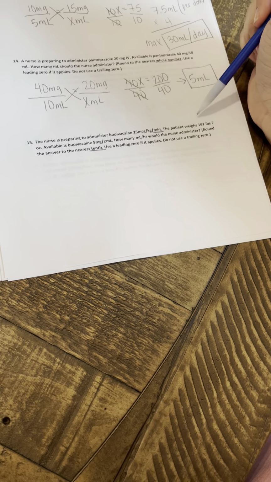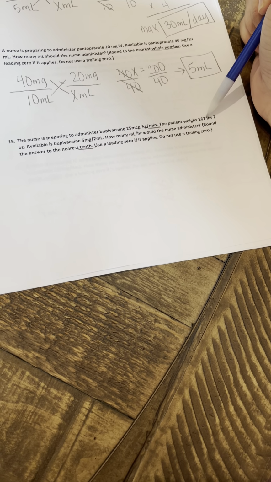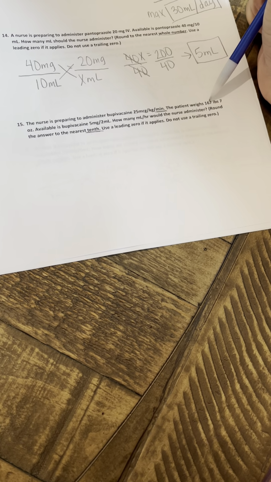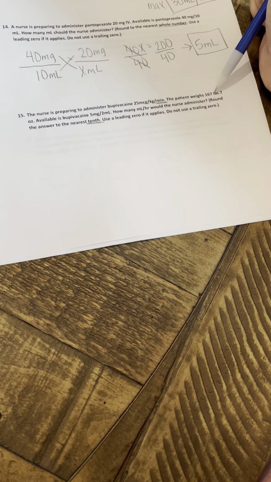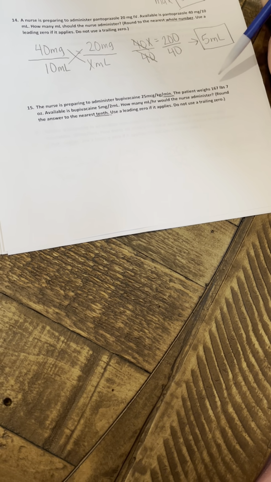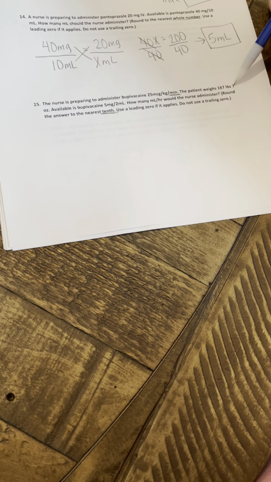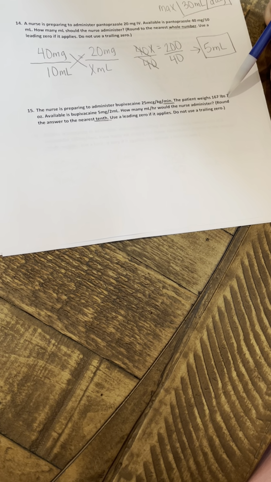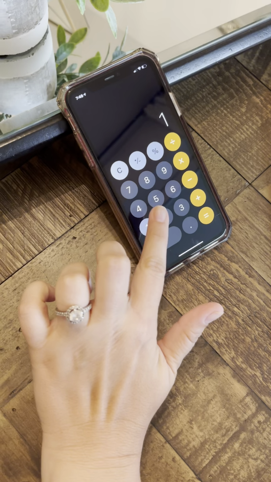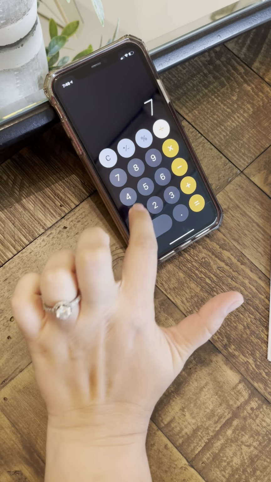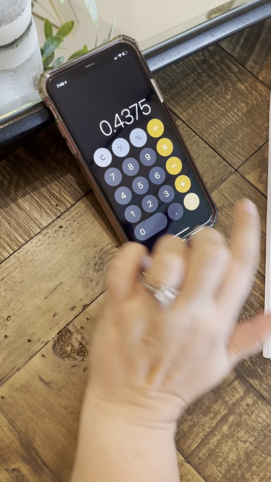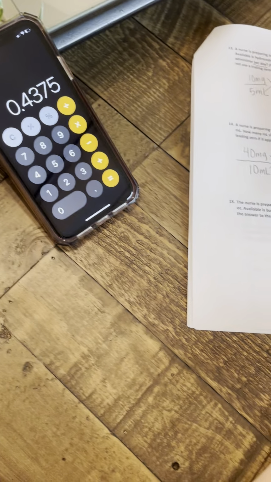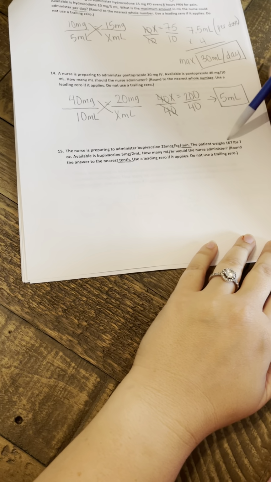So first, as always, we're going to change our pounds to kilograms. So 167 pounds, 7 ounces. We want to know how many pounds 7 ounces is. So do 7 divided by 16. And then we're going to add that to our whole number, our 167.